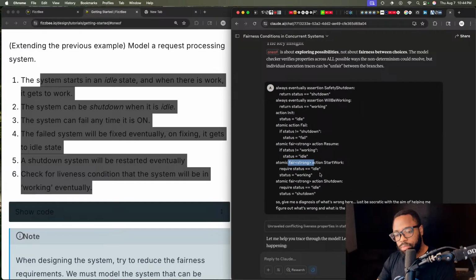Seriously? So you can either go to, actually any one of these will do, because you're not shut down, so you can go to fail. You are not working, so you can just go back to idle.